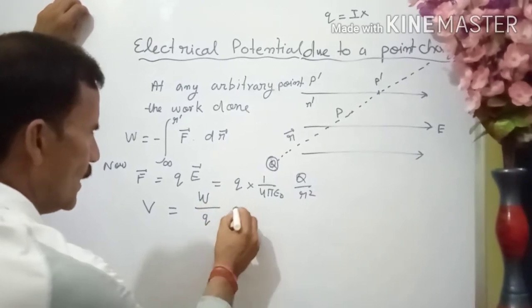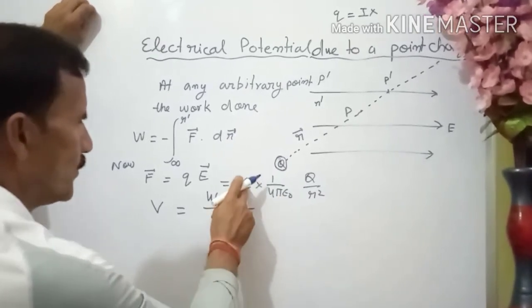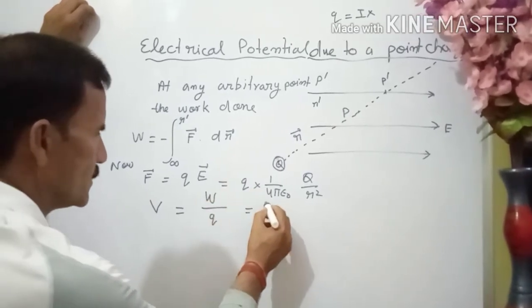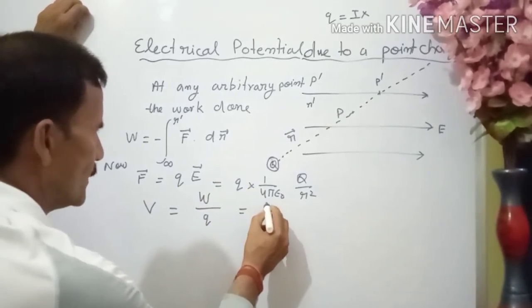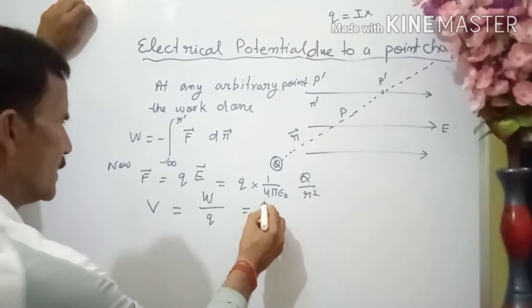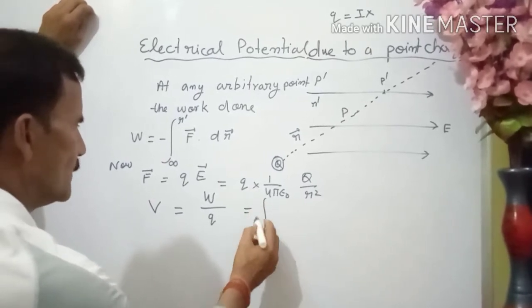When you put W upon q, this q will cancel out, so you are getting this much, that is equal to how much?